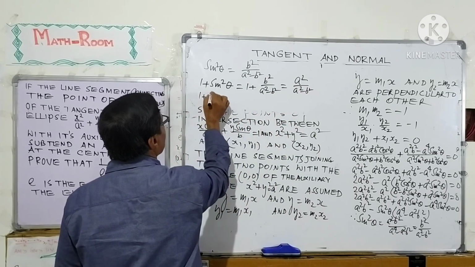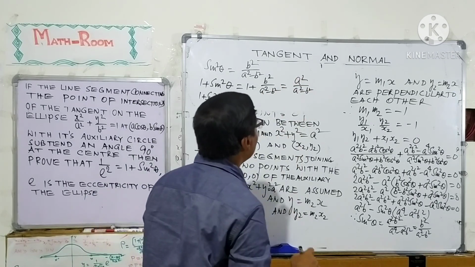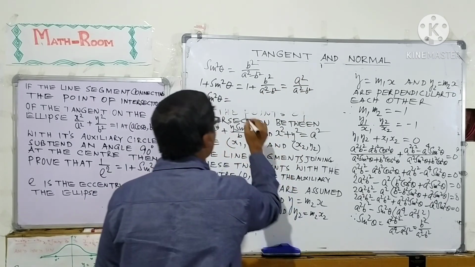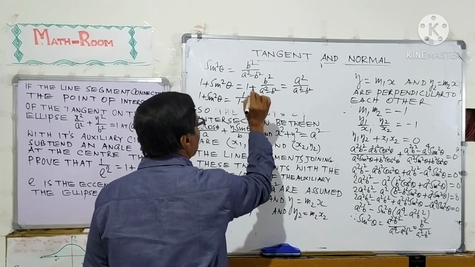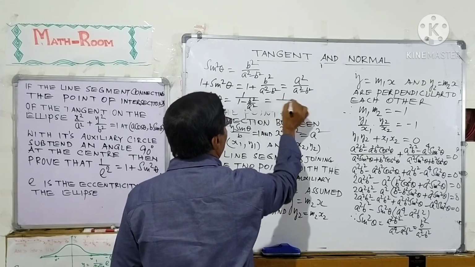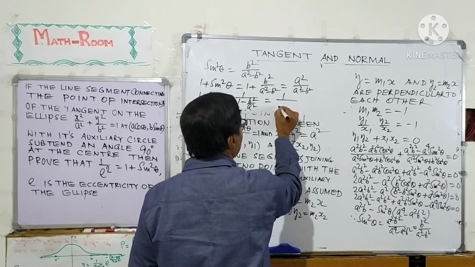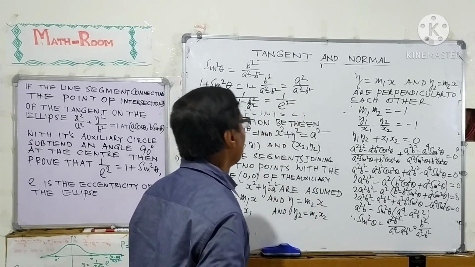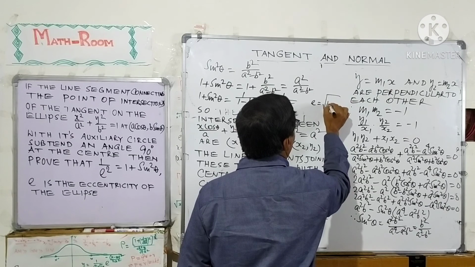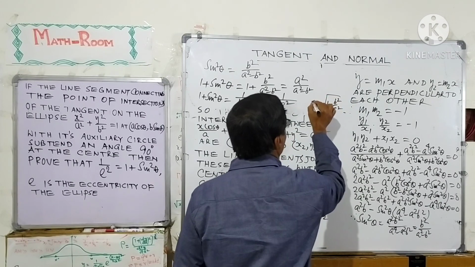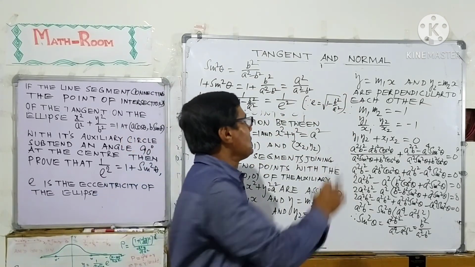So, 1 plus sin square theta equal to, if we divide numerator and denominator by a square, we get 1 over 1 minus b square over a square. This is also equal to the square of the eccentricity, that is, 1 over e square, where e is root over 1 minus b square over a square, the eccentricity of the ellipse.